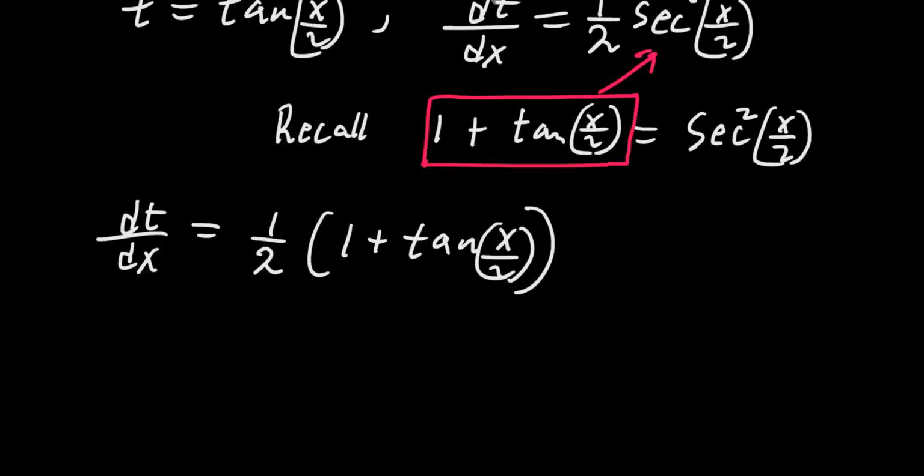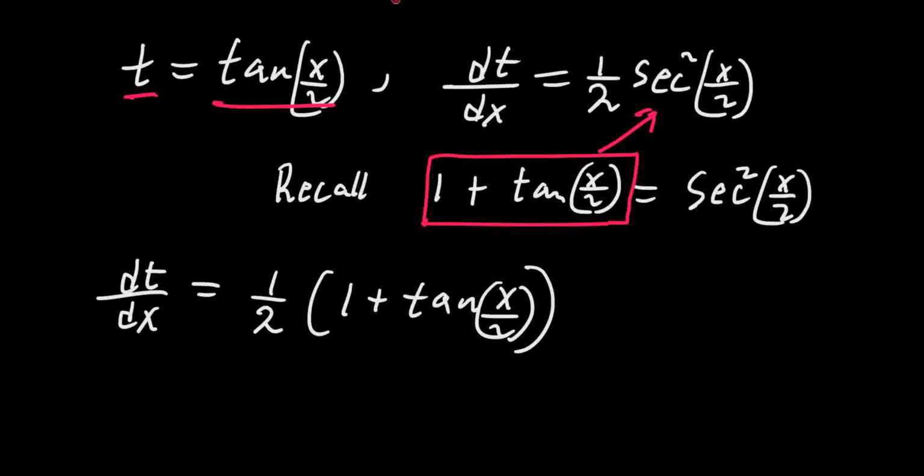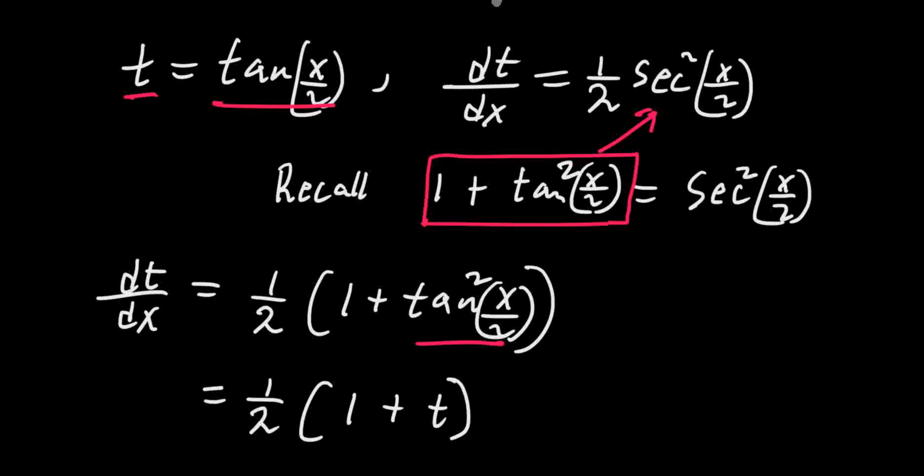Now, remember that we said t is equal to tan x over 2, so we can substitute t in the place of tan x over 2 here, and this will become equal to 1/2 times 1 plus t squared.